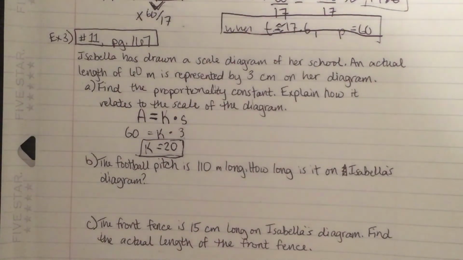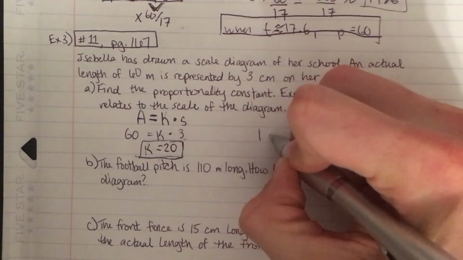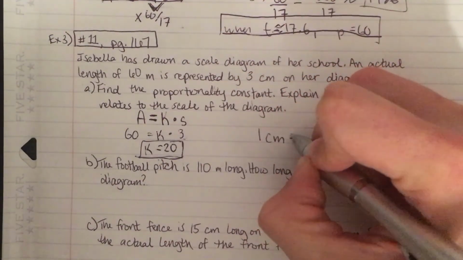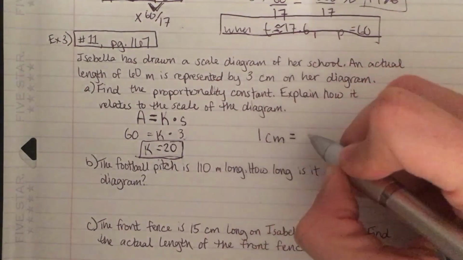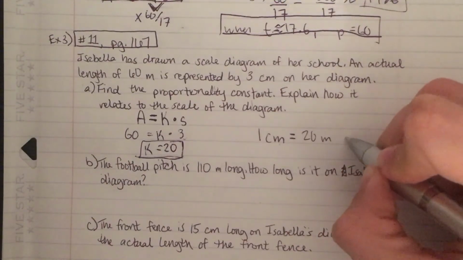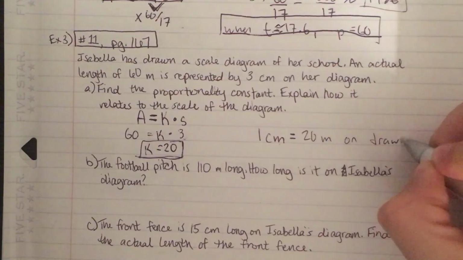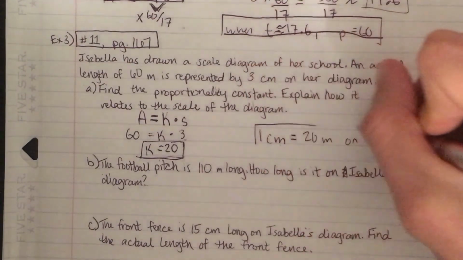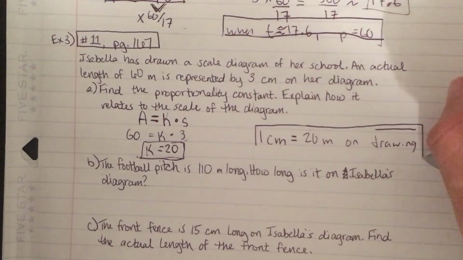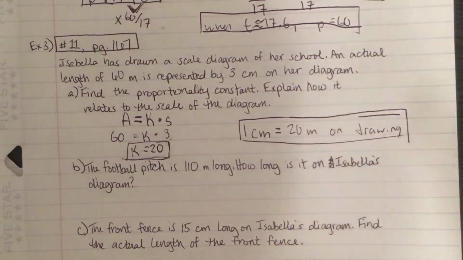In terms of what that means, 1 centimeter on the scale that they're drawing is going to be 20 meters. That's the scale diagram right there: 1 centimeter is the equivalent of 20 meters in her drawing.